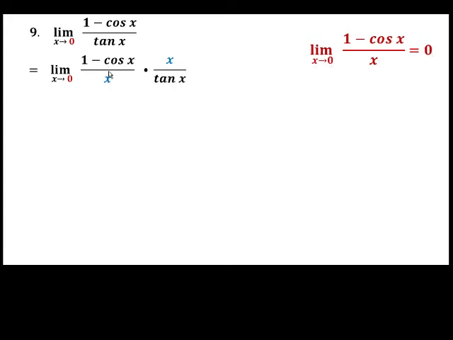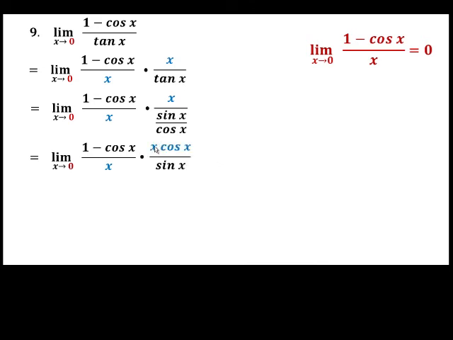So we introduce x so that we come up with this expression and make use of this theorem. And express tangent x in terms of sine and cosine, and simplify this complex fraction.